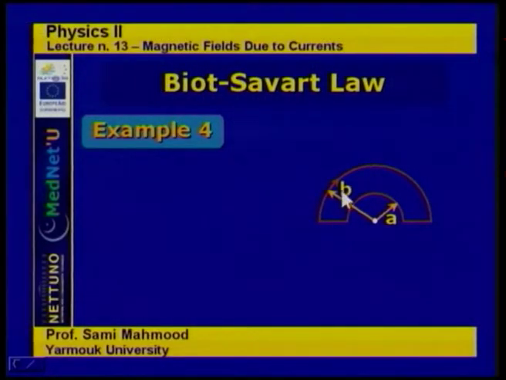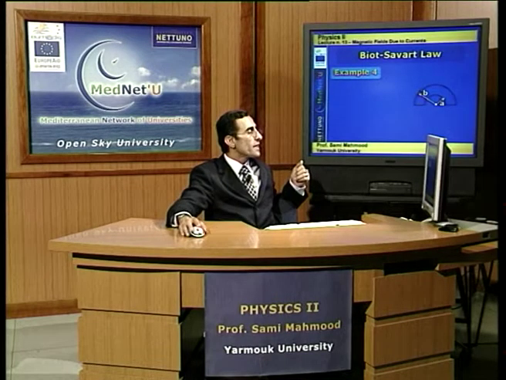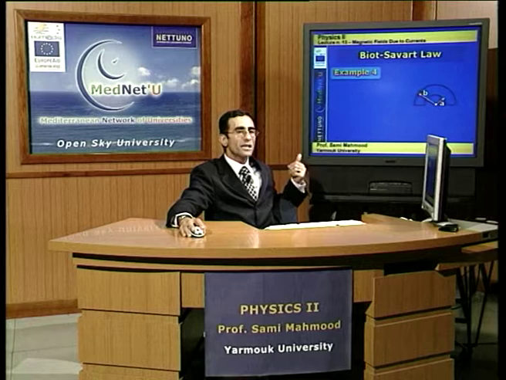The field due to the larger arc of radius b is directed, according to this convention for determining the direction of the field, inward into the page. So we have two components of the field, one pointing outside the page and one into the page due to the arc b, and in each case phi is equal to pi.